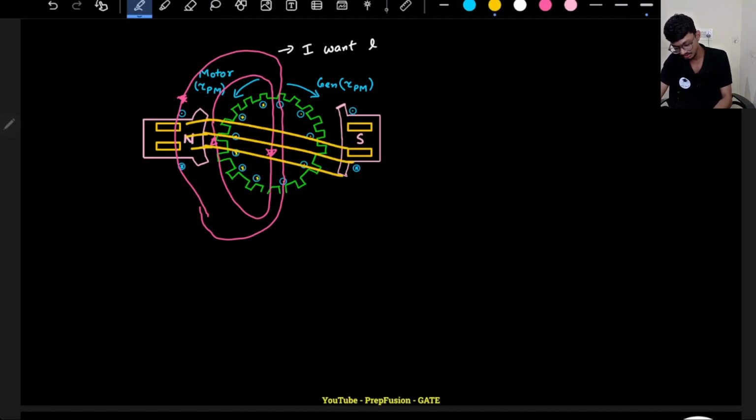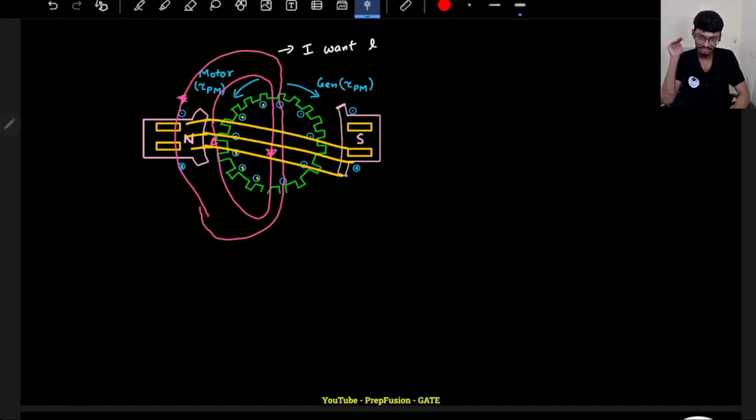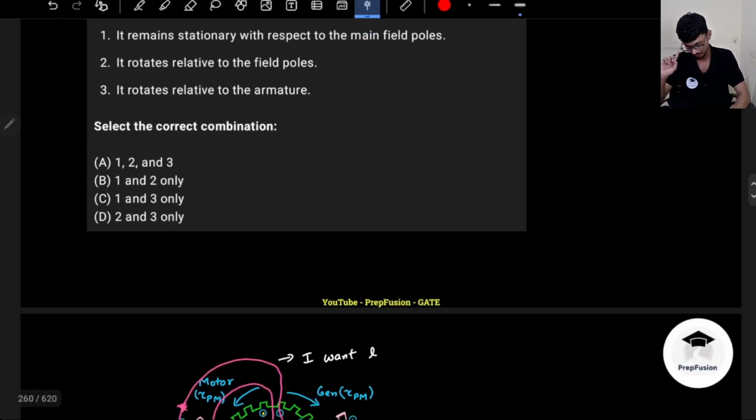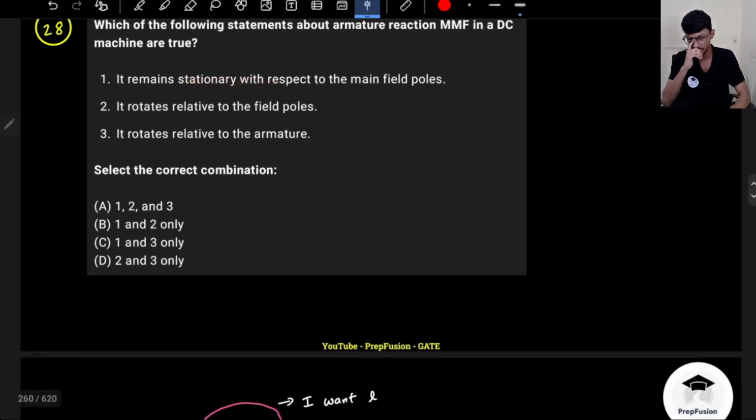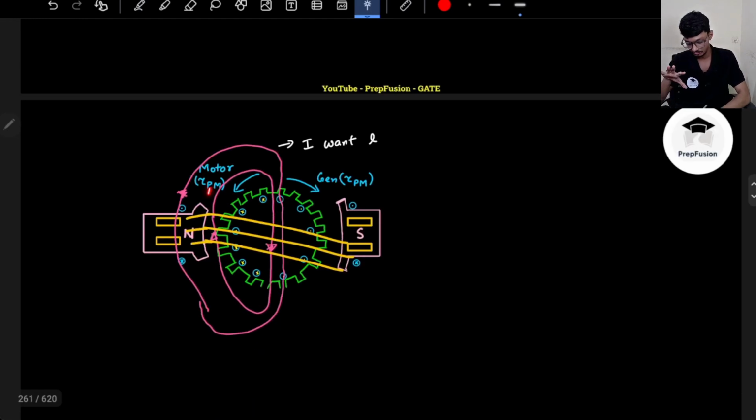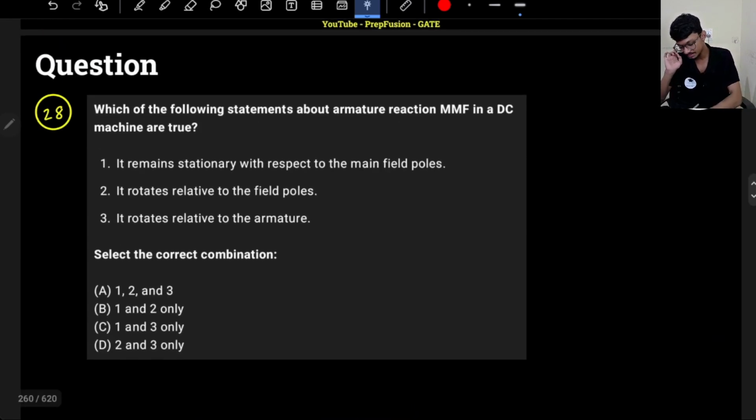So with respect to the main field poles, it is stationary, because the effect of the armature reaction is always in the q axis, right? So with respect to the main field poles, it will remain stationary.